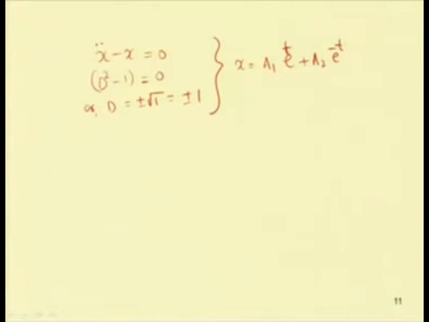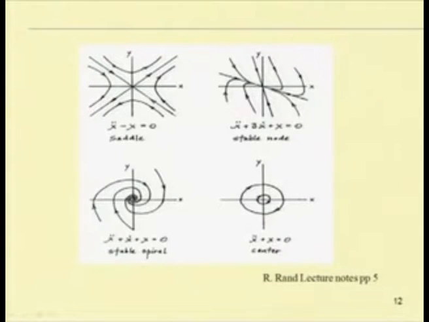Due to the presence of e to the power t, which is exponentially growing, and e to the power minus t, which is decaying exponentially, one can have a response like this around the equilibrium point, that is x equal to 0, and these are the asymptotes. So these are the separatrix dividing these points.